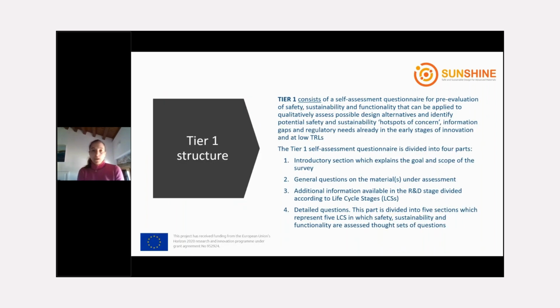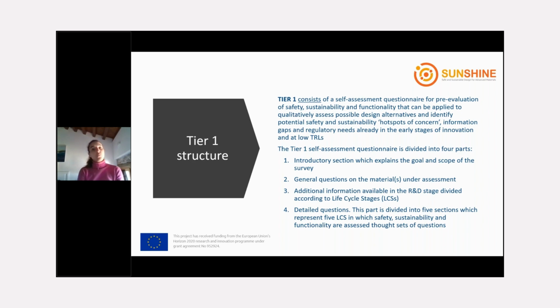Specifically, if we go into the characteristics of tier 1, it consists of a self-assessment questionnaire for pre-evaluation of safety, sustainability, and functionality, and it can be applied to assess possible different design alternatives and identify potential safety and sustainability hotspots of concern, along with information gaps and regulatory needs. And this can be applied already in the early stage of innovation at low TRL.